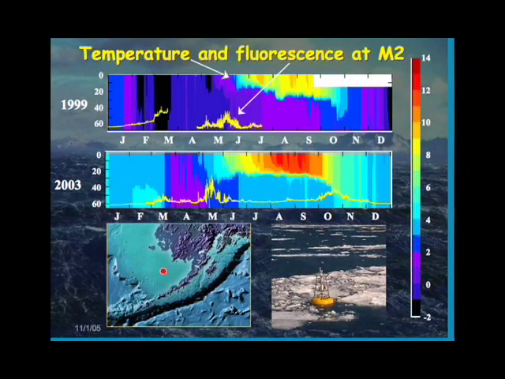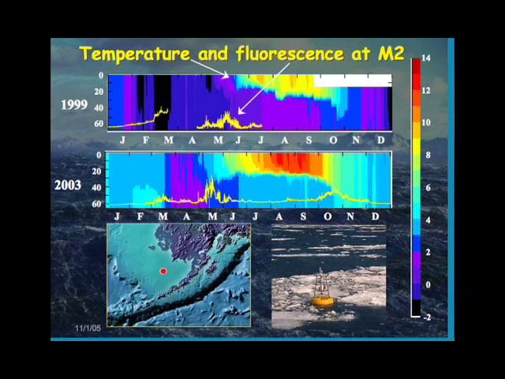And we can see the changes that have taken place over time. This is a plot from this mooring in the Bering Sea, right in the central portion of the Bering Sea right here, of temperature versus depth along this axis. And superimposed on that is the fluorescence, which is an indicator of the distribution of the phytoplankton in the surface waters.